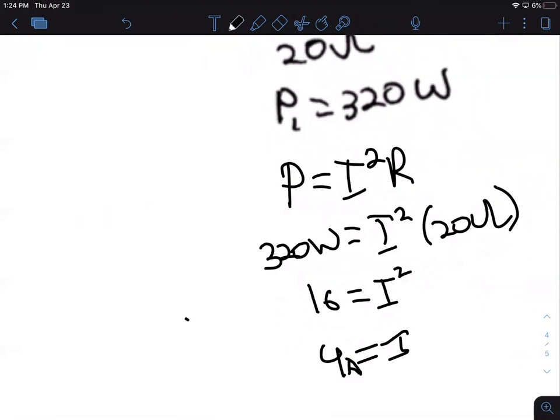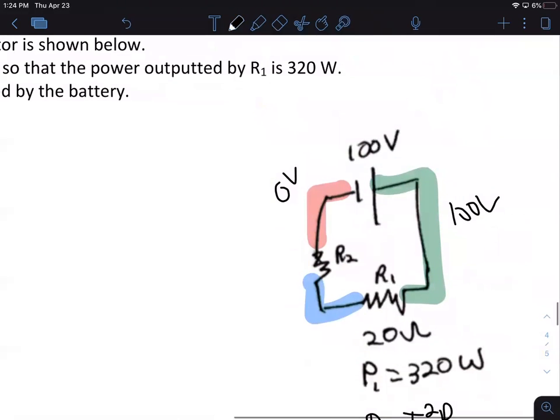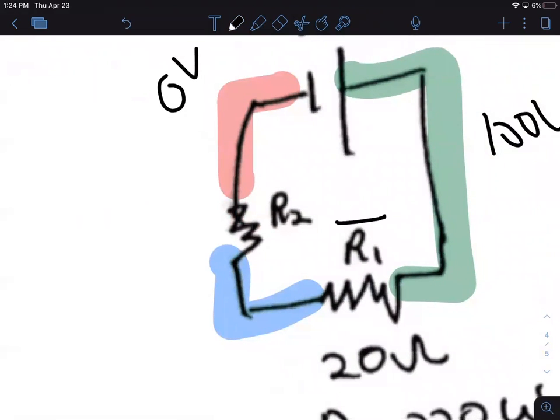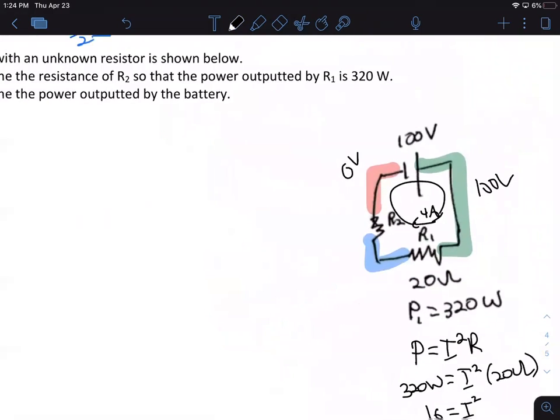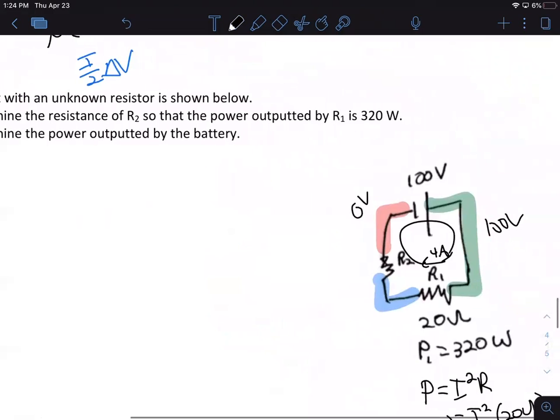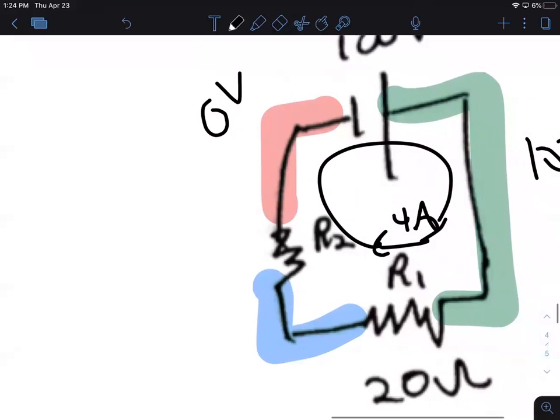All right. Does that help me? Maybe, probably. So 4 amps is going through this resistor, which means 4 amps is going through this whole thing, because it's one loop. Can that help me find out something about R2? I don't know anything about R2. Well, now I know one thing about R2.